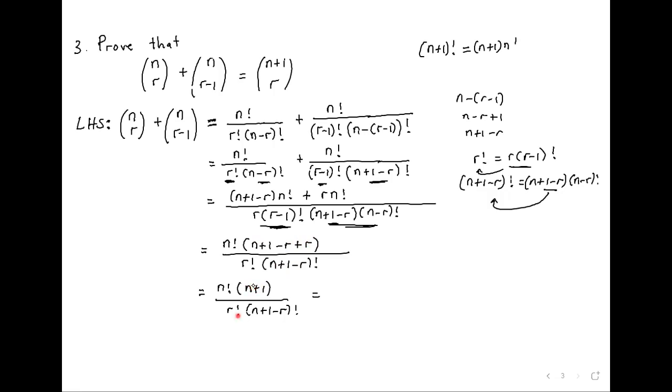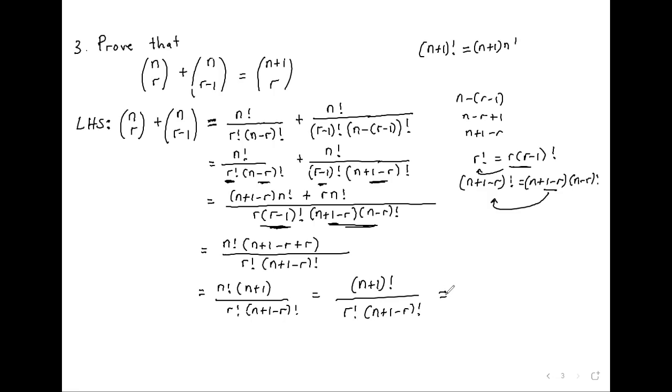Then we have R factorial, n plus 1 minus R factorial. Now we're saying this thing here is what we defined there as n plus 1 factorial, which is n plus 1 multiplied by n factorial. So we can write it as n plus 1 factorial over the down part, we copy the way it is.